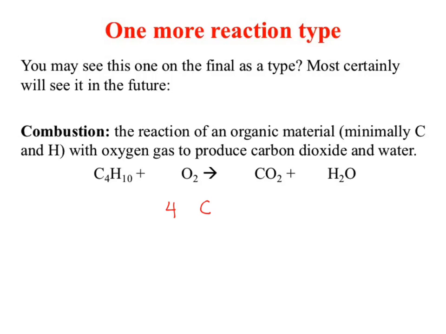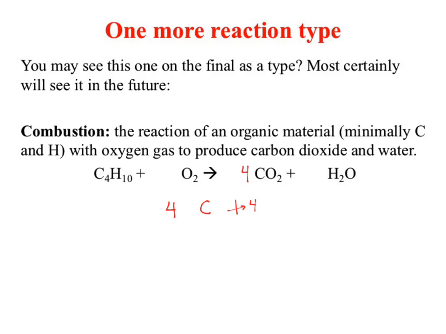On the right-hand side? 1. Is that balanced? No. Fix it. Add more to the right. I need to put a 4 on the right. That then means I have 4 CO2.